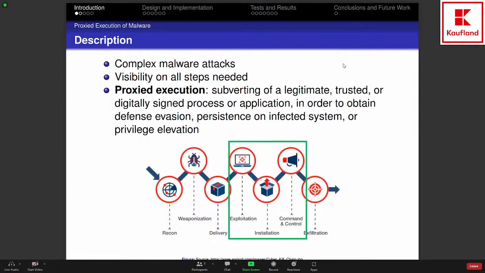One important group of techniques which malware use is called proxy execution, which can be simply defined as follows: you have a legitimate trusted process or application, and then you have the malware, and the malware somehow manages to execute its payload or its functionality inside the trusted, digitally signed process.